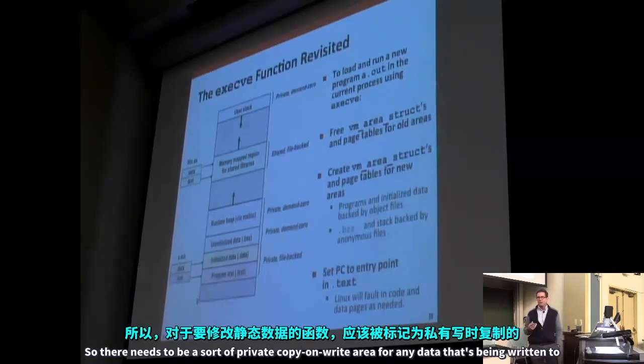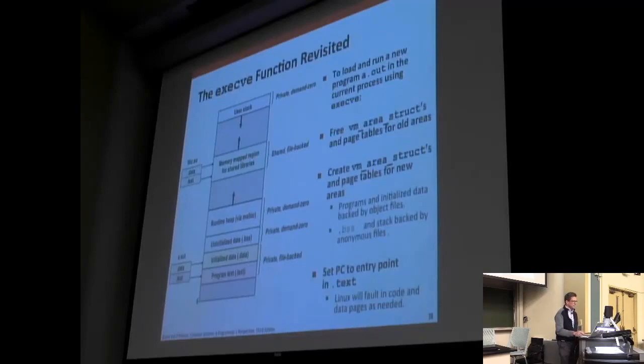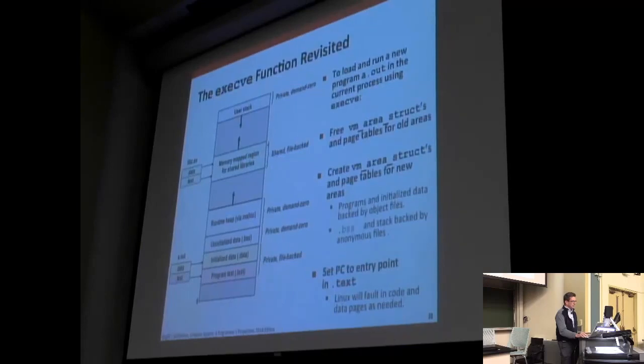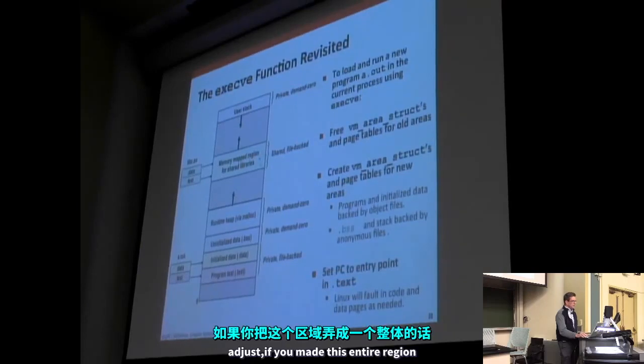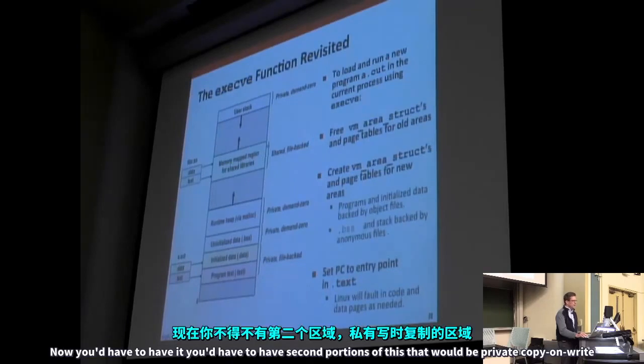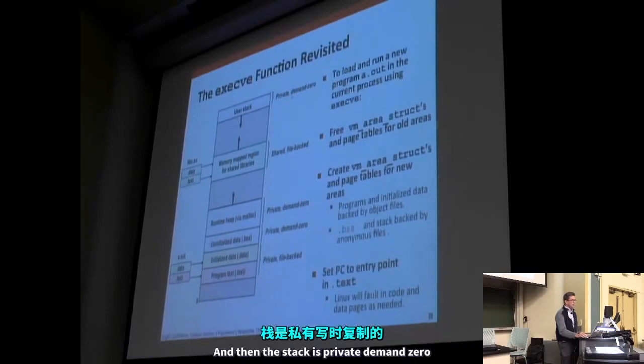So there needs to be a private copy on write area for any data that's being written to. If you made this entire region shared, no, you'd have to have second portions of this that would be private copy on write. And then the stack is private demand 0.